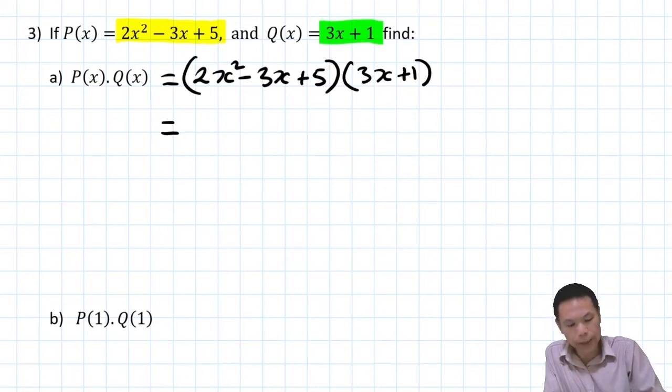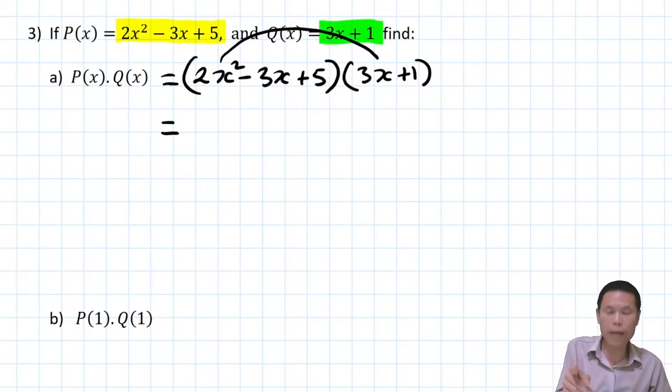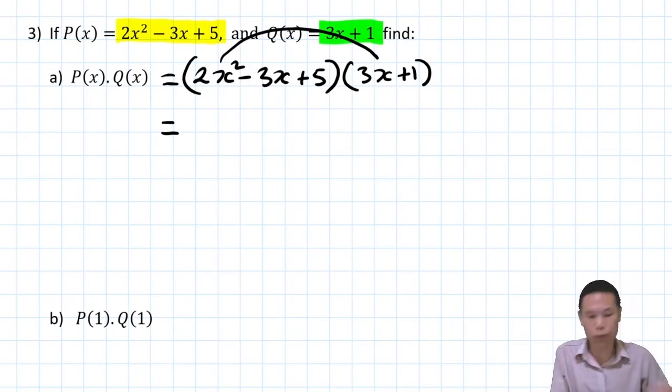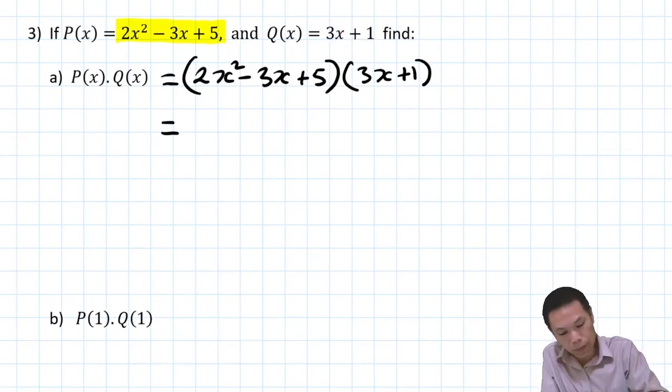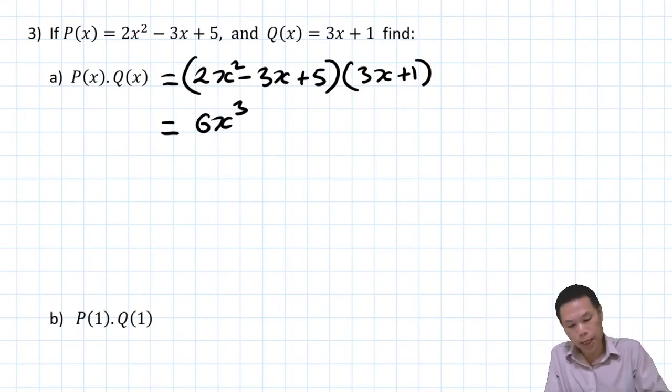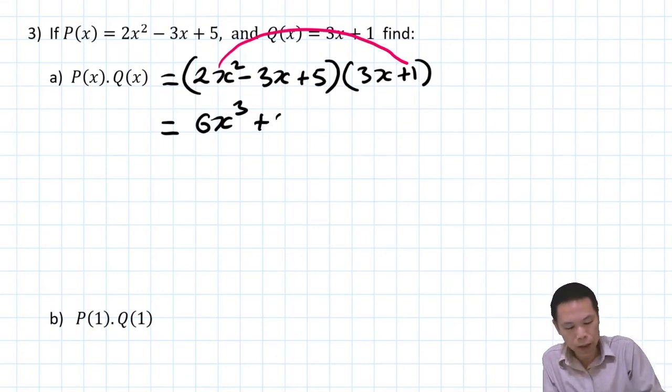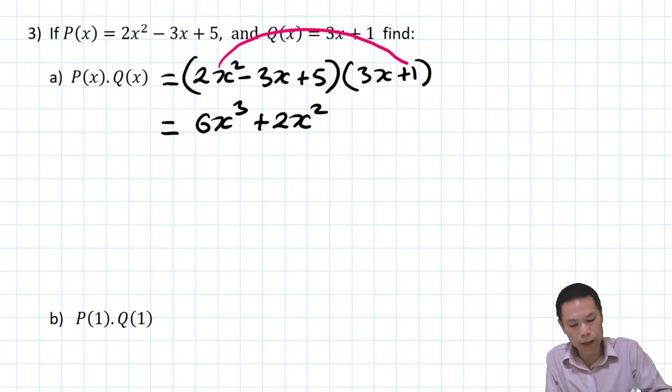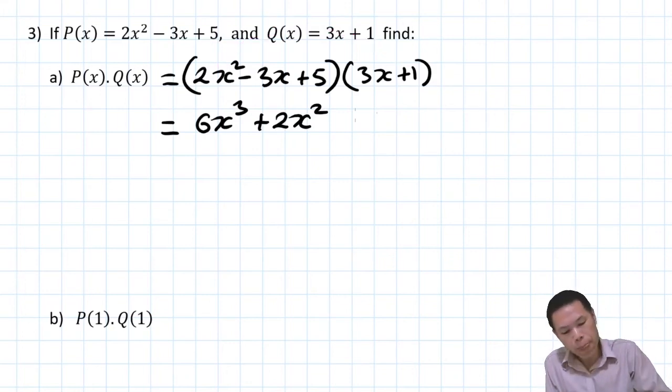And to expand this out, we go 2x squared times 3x. So 2 times 3 is 6, x squared times x is x power 3. So 6x to the power 3. And then we have 2x squared times 1, which is 2x squared. Just write that out, plus 2x squared. Then we have negative 3x times 3x.